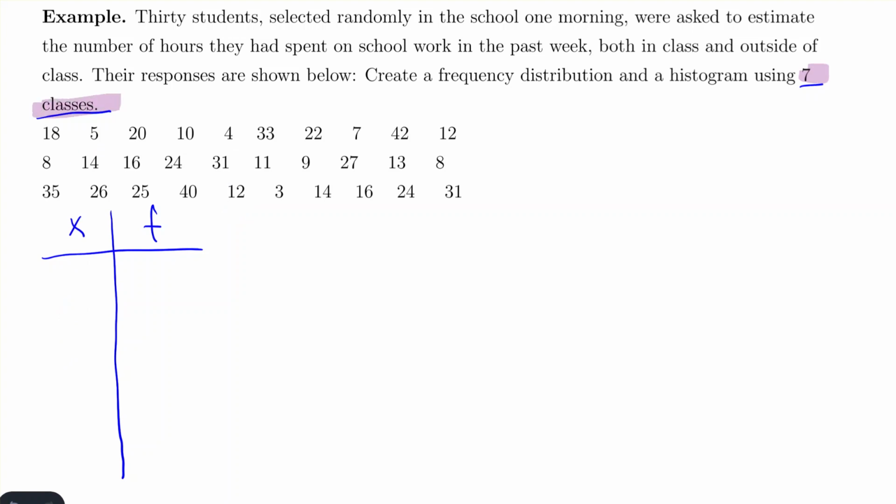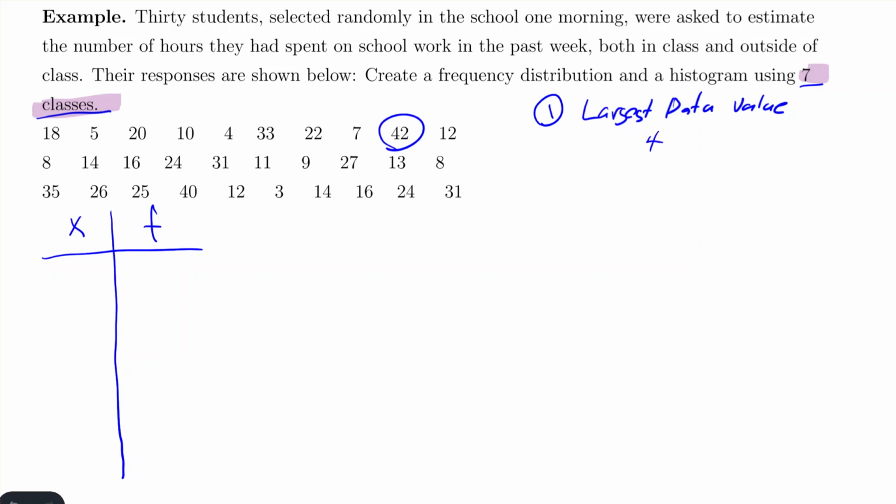Classes are essentially a range of numbers for each row. First, when we use classes, we find the largest data value, which in this data is 42.